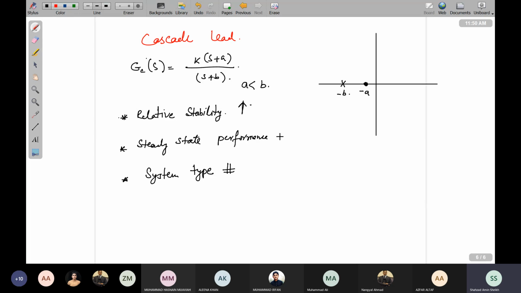So what we do, कैस्केड लीड के केस में हमारी रिलेटिव स्टेबिलिटी तो इंप्रूव कर ही रही है, तो हम कोशिश करते हैं कि हमारी स्टेडी स्टेट परफॉर्मेंस उतनी रहे जितनी कम से कम कैस्केड लैग में या अनकम्पनसेटेड सिस्टम में रही है। So as a result of that, you want to minimize that loss which we can have in steady state performance.